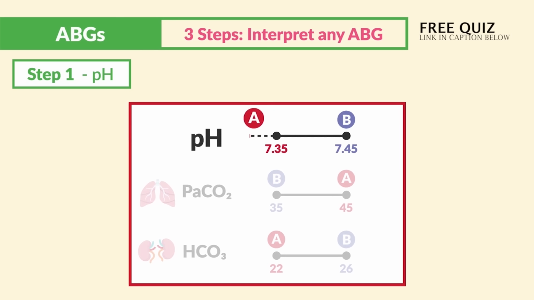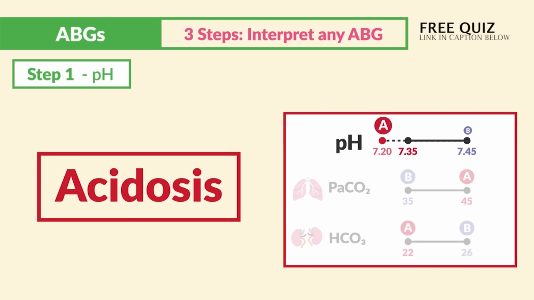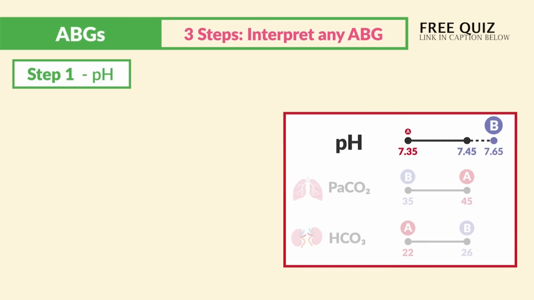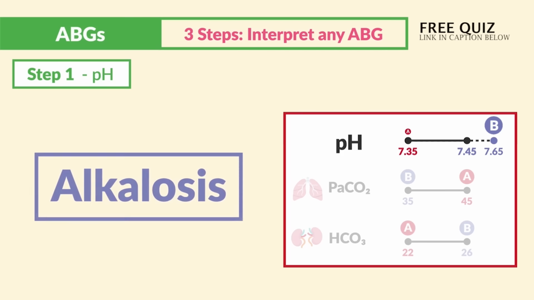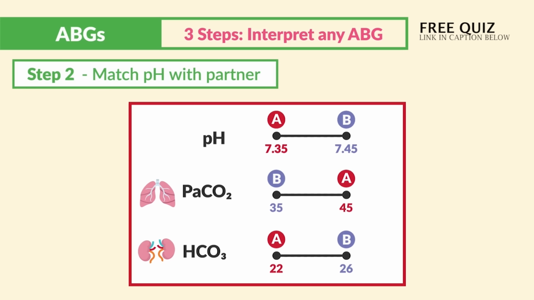Less than 7.35 is A for acid, and over 7.45 is B for base or alkalotic. So for example, a pH of 7.2 is acidosis, and a pH of 7.65, what do we have here? Yes, it's base, alkalosis.